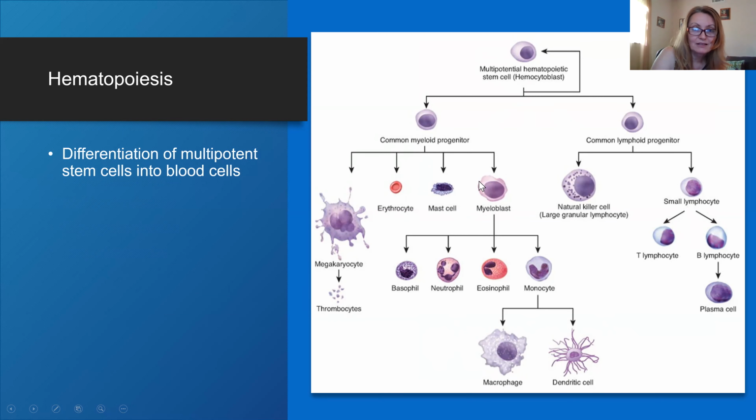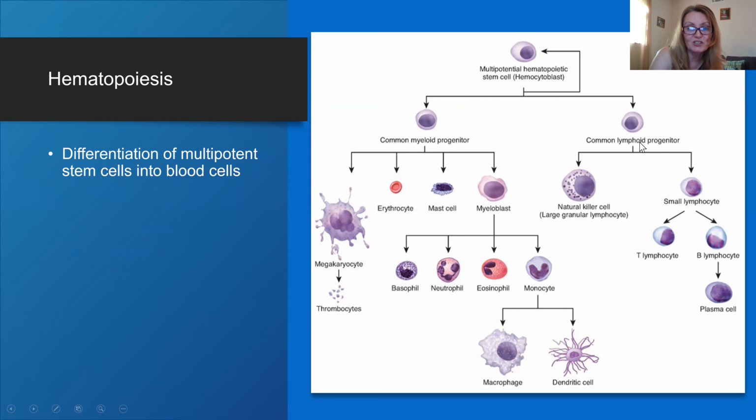And myeloid cells that form from myeloid progenitor cells cannot differentiate into lymphoid cells. But multipotent stem cells can become either myeloid or lymphoid progenitor cells.